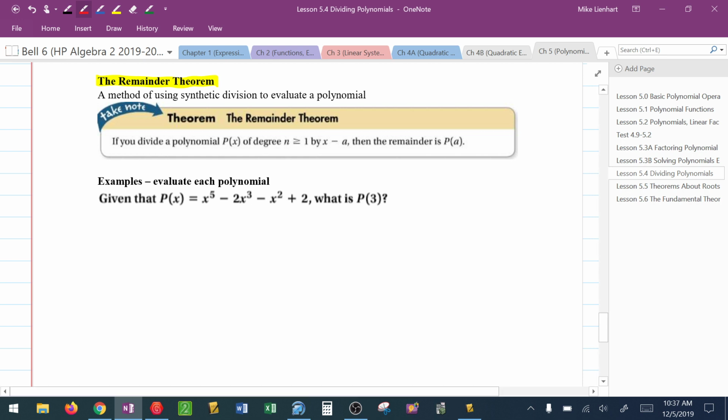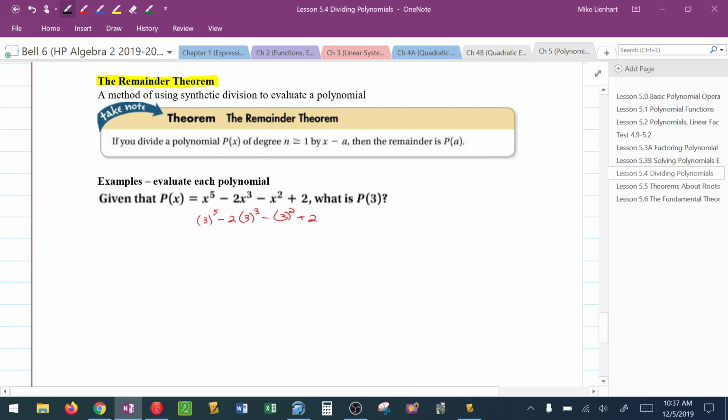If I was asked to evaluate or find P of 3, I would have 3 to the 5th minus 2 times 3 to the 3rd minus 3 squared plus 2. It's doable to do it that way, and definitely our calculator can help us with that. But I can also use synthetic division to evaluate the polynomial. And here's how that would work.